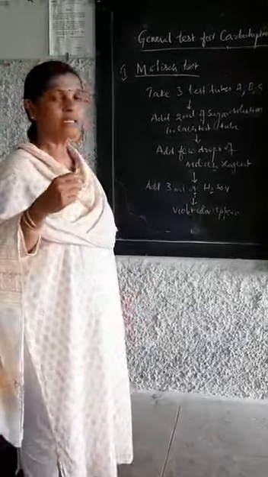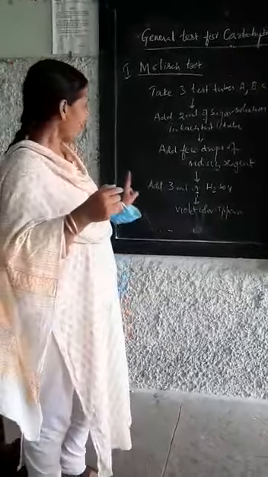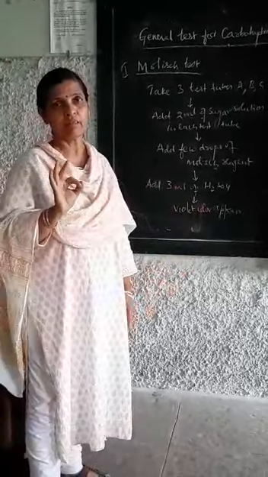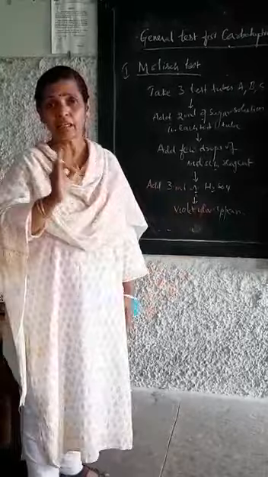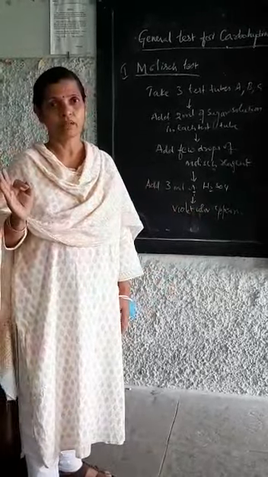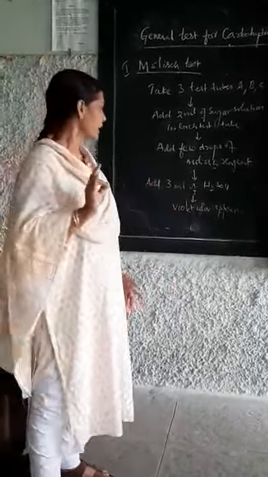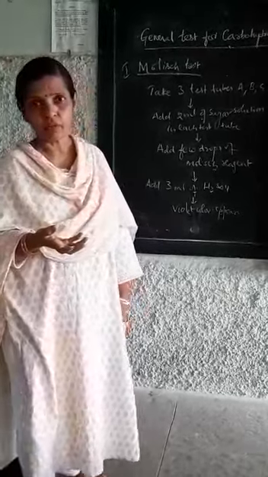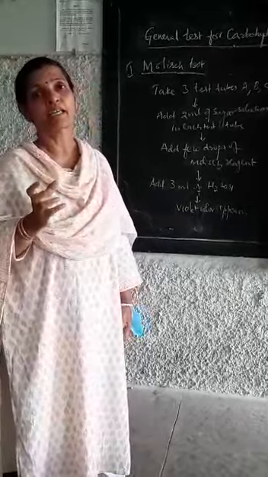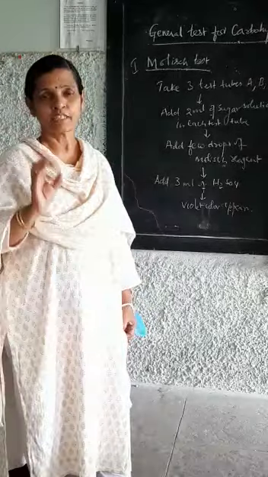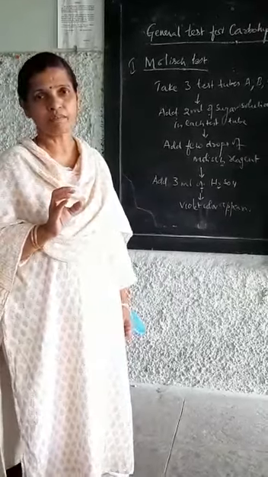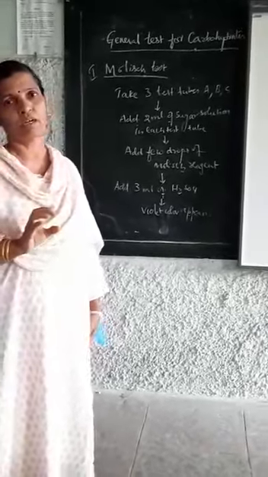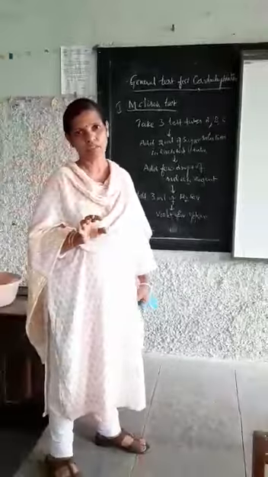Then mix the sample properly and add 3 ml of sulfuric acid in each test tube. Once you add the sulfuric acid, a violet color appears. The appearance of violet color indicates the presence of carbohydrates in the form of sugar units.